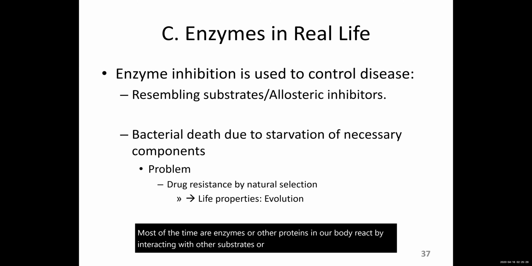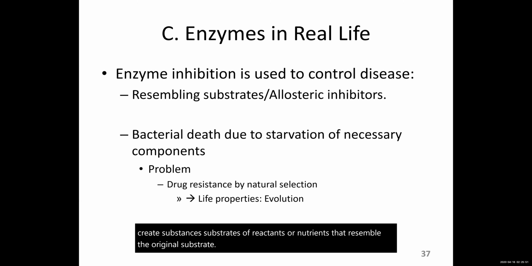And so what happens is medicine, therapeutics, designs substances that are designed to act as inhibitors, either competitively or even allosterically most of the time. In other words, we create substances, substrates or reactants or nutrients that resemble the original substrate.